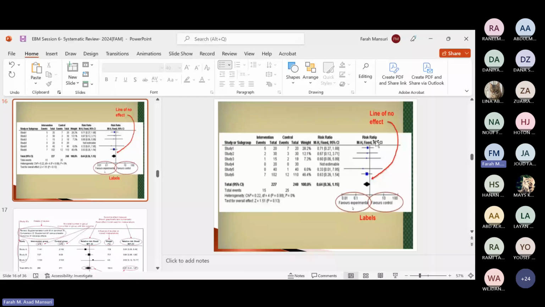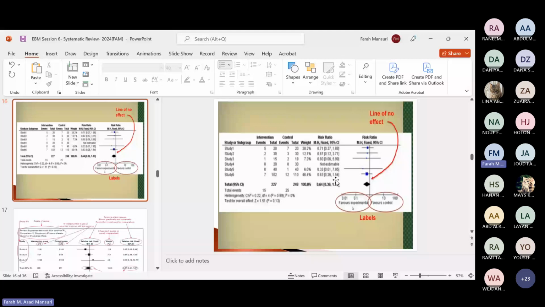It is favoring the experiment because the black diamond is on the left side. You can see the individual studies as blue squares, with the risk ratio. The intervention is given here, the control is compared, and the risk ratio is calculated.